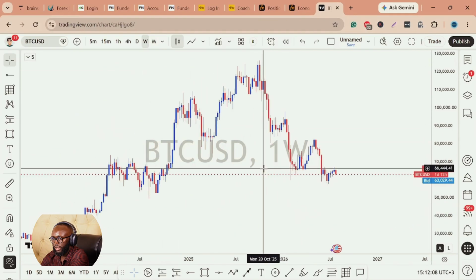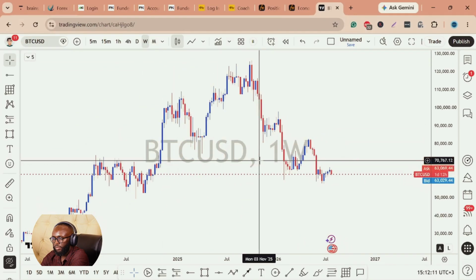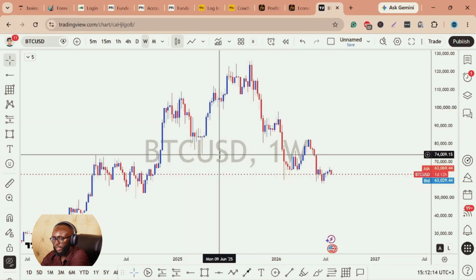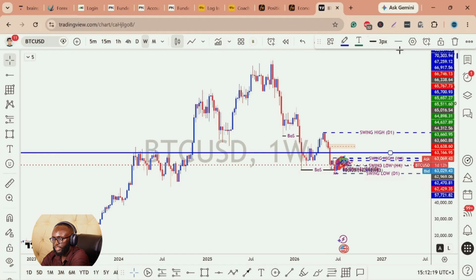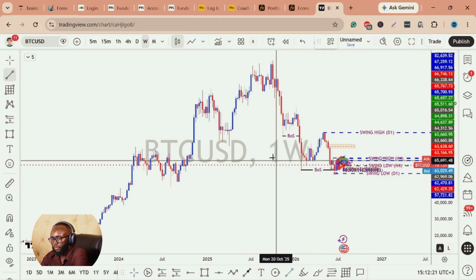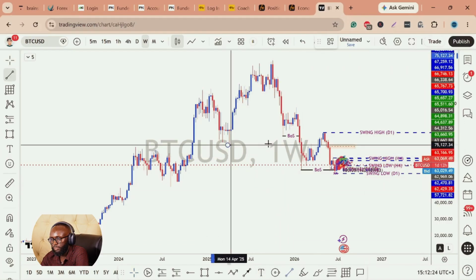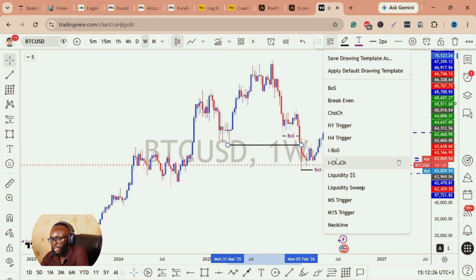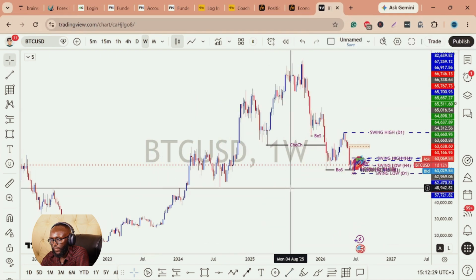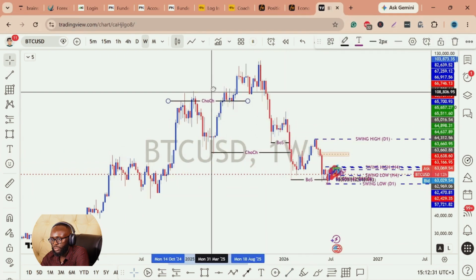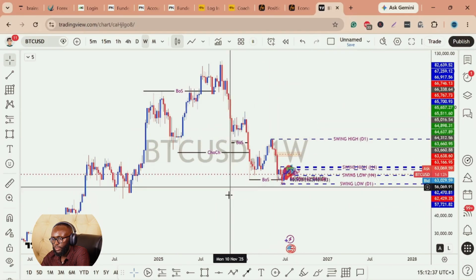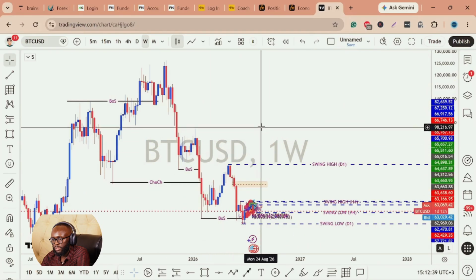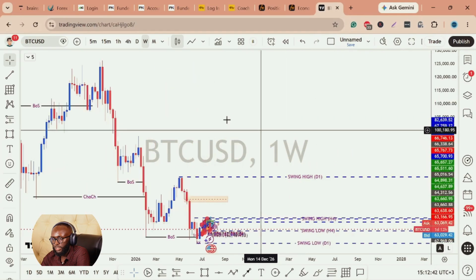So let's jump down to the weekly time frame and see what we have. From the weekly time frame, we had the change of character happening here on this particular structure. BTC USD. This is the change of character on BTC USD, based on this last break of structure going up.